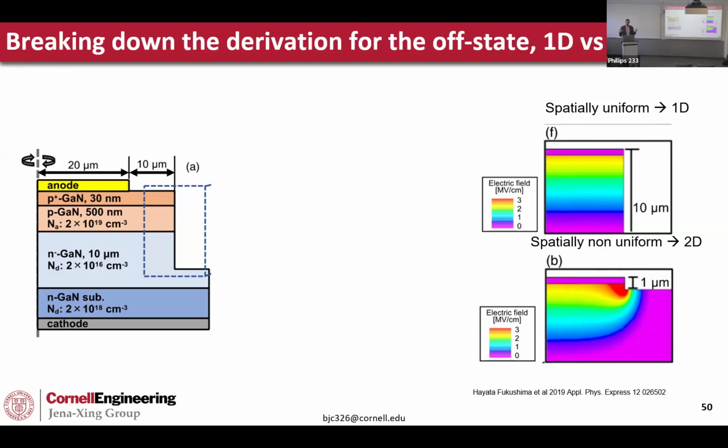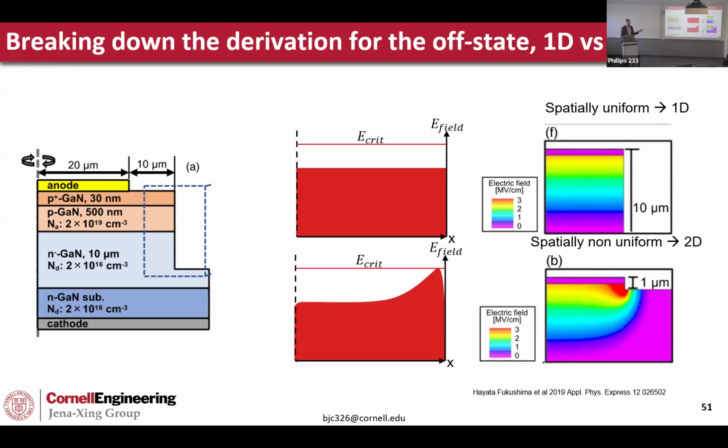If I were to draw this with the x-axis being real space and the vertical axis being field, it looks something like this. And something to point out, just like we described previously, is that the punch-through case is always less than the non-punch-through. In this case, if you have an unoptimized device with a 2D profile, we can't increase the voltage anymore because the edge is already at E crit. It cannot withstand a field larger than that because it will induce impact ionization and it will fail.